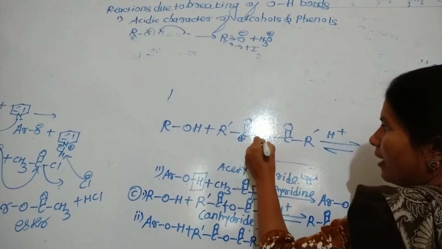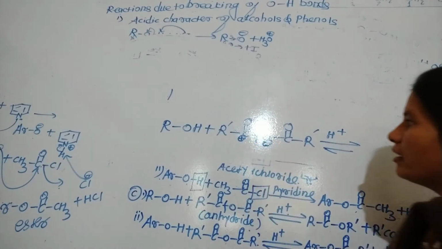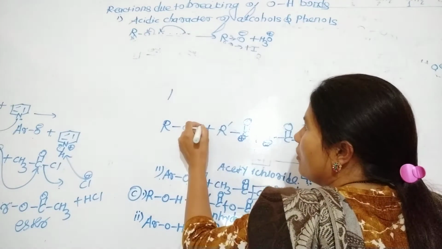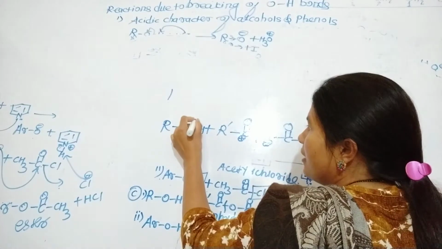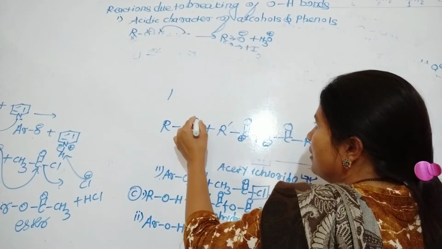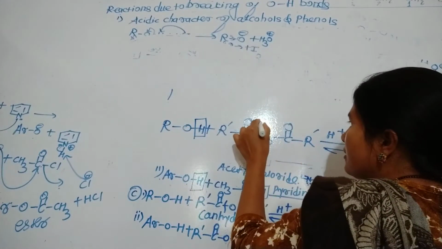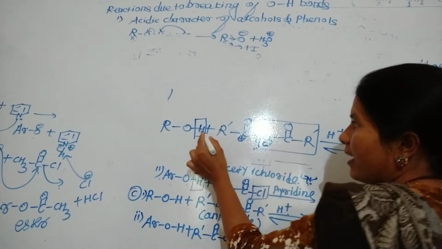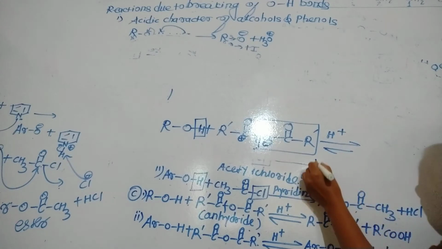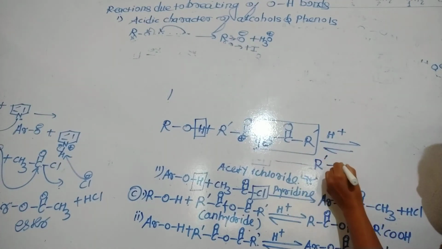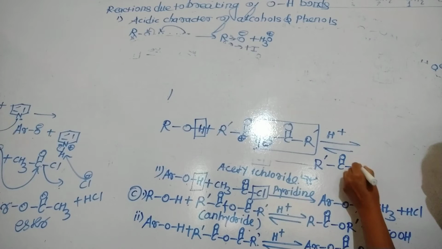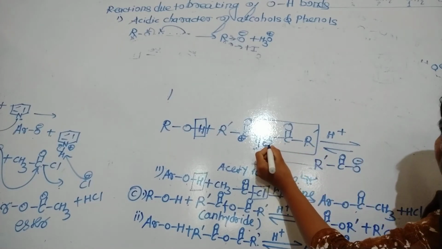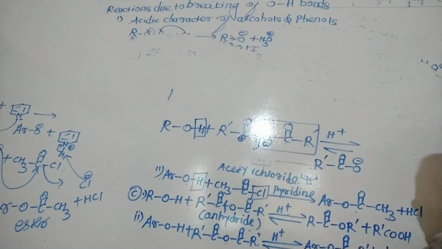This is positive and this is negative. The bond between OH gets broken here, and this hydrogen and this O minus combine together. This O minus can take H plus. So the product formation gives R' C double bond O and the fragment R C double bond O minus here.